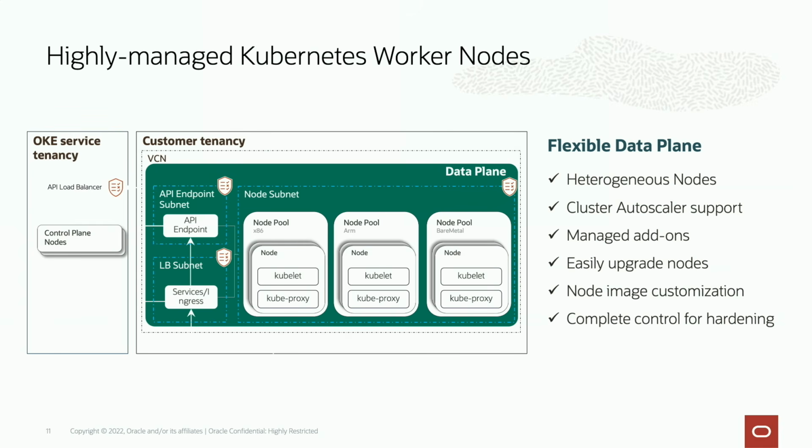And so we call that the managed nodes. You get all the features to cycle them when you need. You have an autoscaler to be able to grow and shrink the size of your data plane when applications require more or less resources.